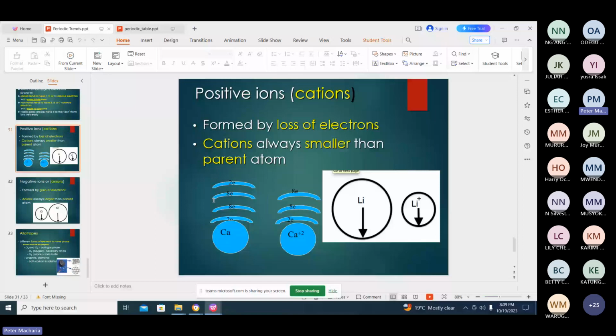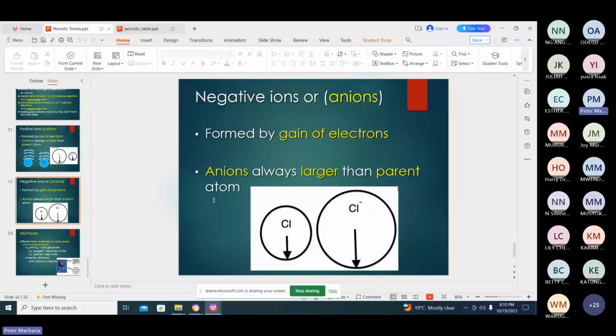For the anions, those elements that achieve the noble gas configuration by gaining an electron, the anions have a radius that is greater than the normal atom. So that is also a trend you can note.